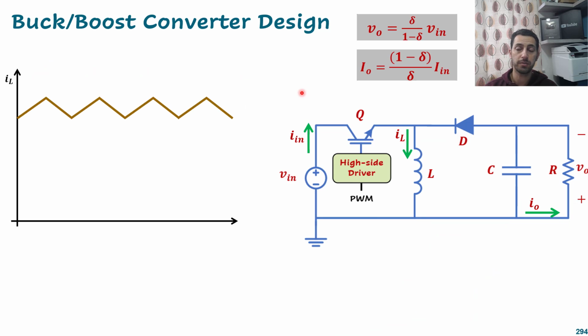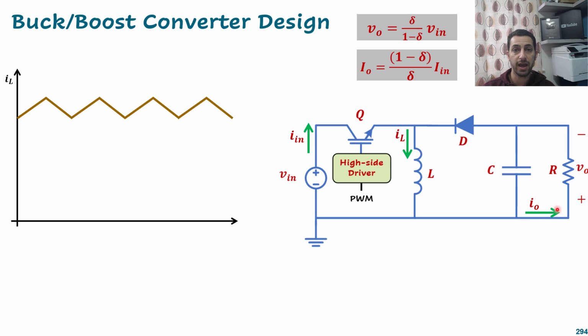And as we did in the buck and boost converters, we want to know the impact of I output on the IL, and whether that will drive us to discontinuous conduction mode or not. If I output has a significant value, because it's related indirectly to IL, it doesn't equal IL exactly, and IL doesn't equal I input exactly, because they equal each other in just the on time period or off time period.